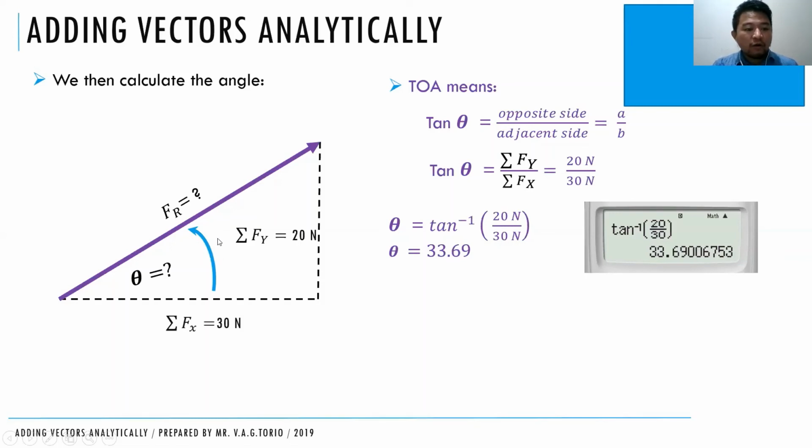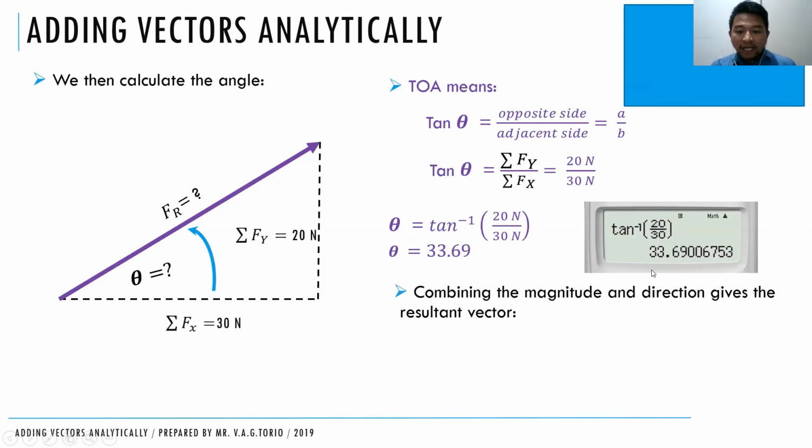Or we can also express the resultant vector using the direction east of north, which is essentially the complement of the given angle, 33.69 degrees. So that's 90 minus 33.69. That's around 56 degrees, 56 point something degrees.